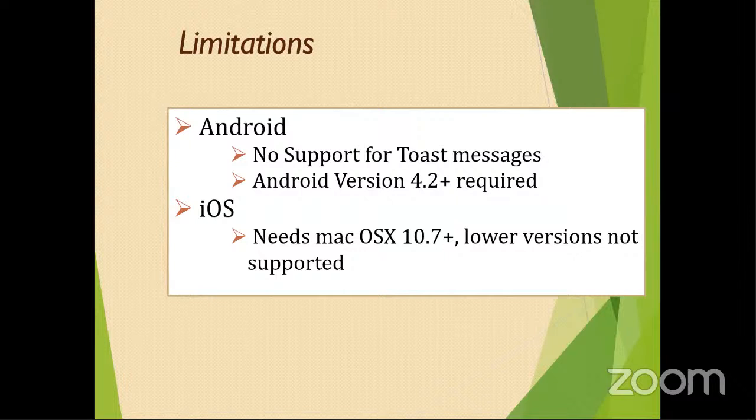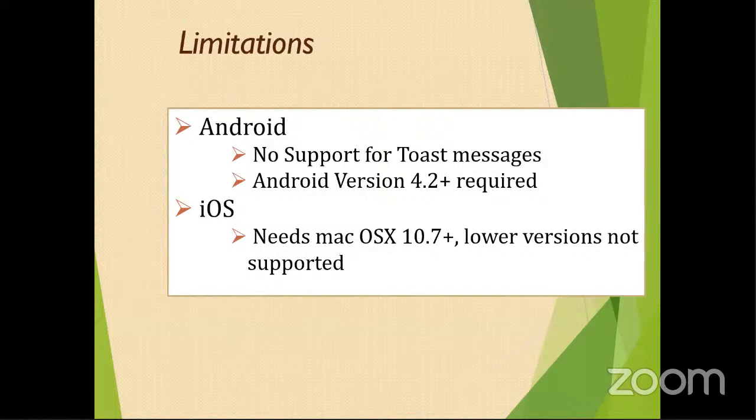So there are some limitations for Android. The main version which we need is 4.2 plus. Below that version, we are not able to do the automation. And it is not needed. As of now, we are not going with other versions.